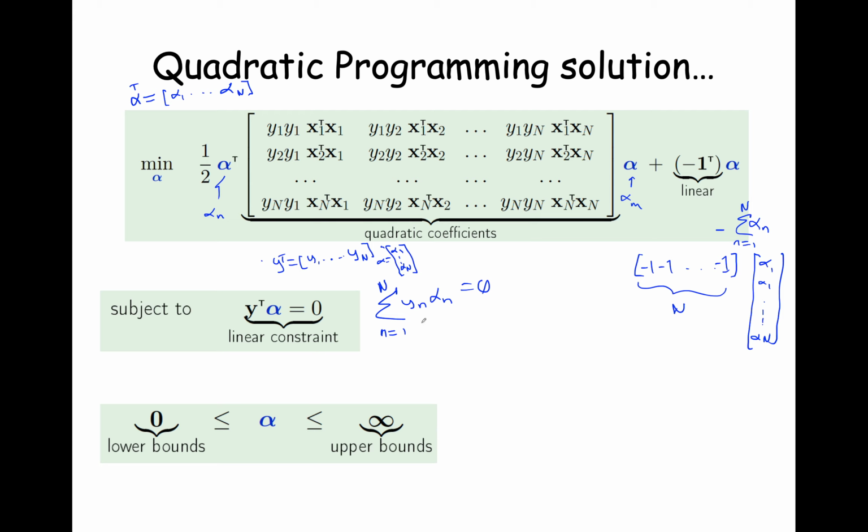And then we have the bounds on our alphas. We said alpha is greater than or equal to 0. That means we have a lower bound of 0 on our alpha, but we have no upper bound. We could say the upper bound is infinity. All right, so this is our quadratic programming problem, and we can input this into a standard QP solver. We have one in MATLAB, and you have an opportunity to use it in an assignment.